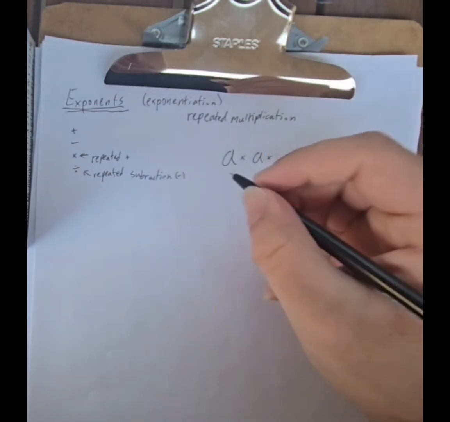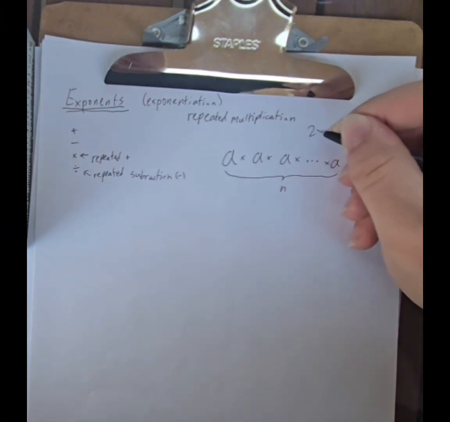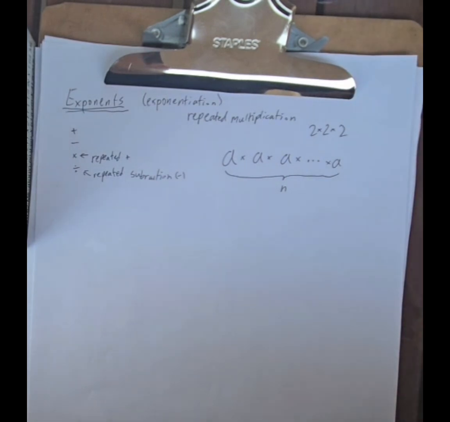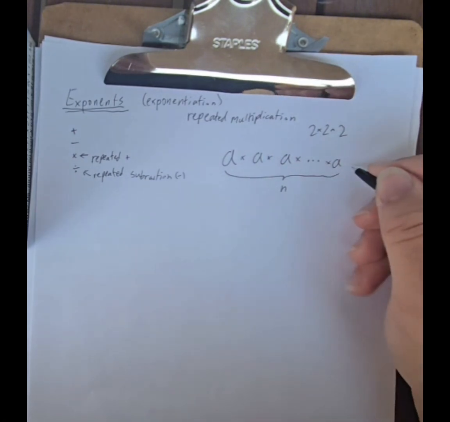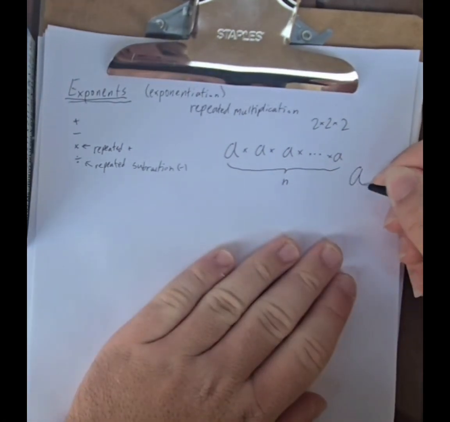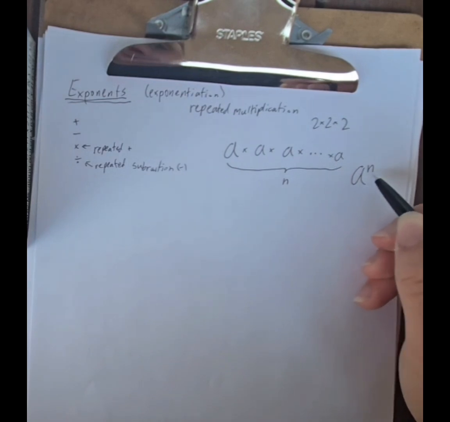How many times do we do this? We do this n times, let's say, right? So let's say you have the number 2, you multiply it by itself 3 times. 2 times 2 times 2, 3 times, right? How do we express this? We express a being multiplied by itself n times as a to the n. So it's an a and a small n over there.